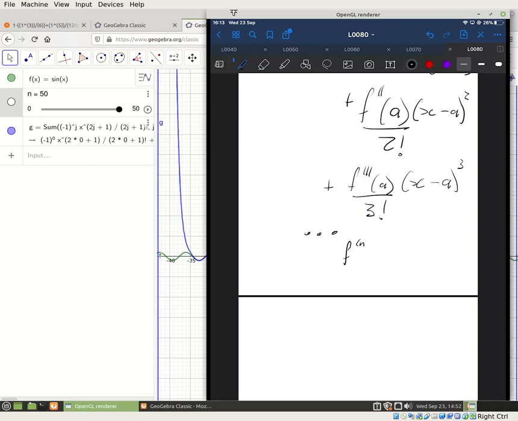So the nth derivative of f at A, x minus A to the n over n factorial.